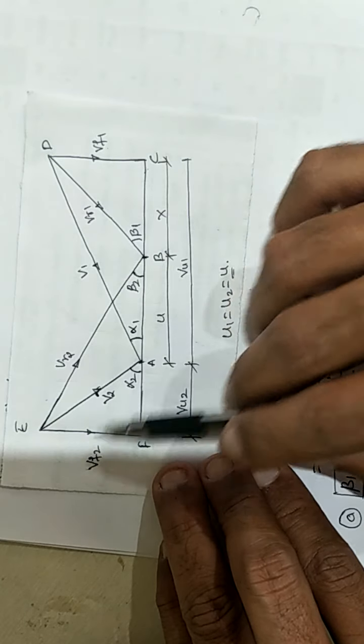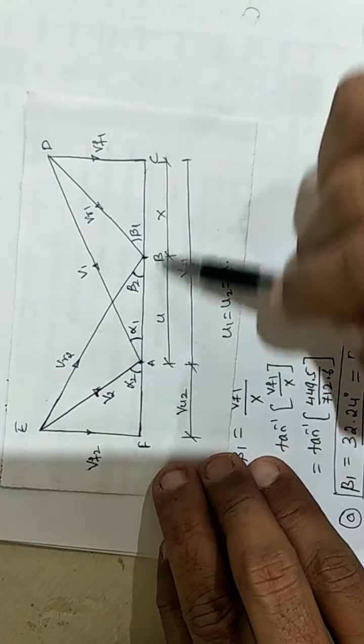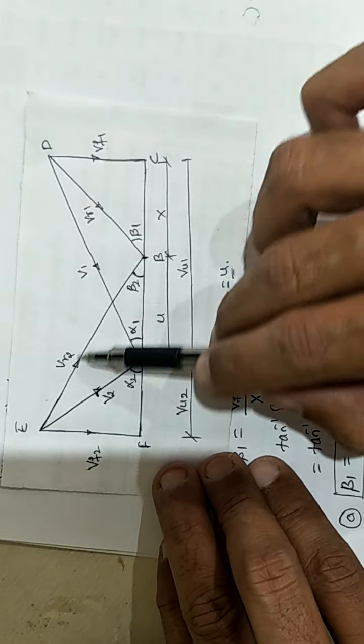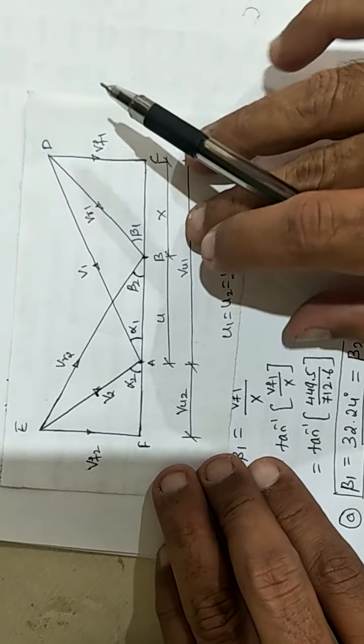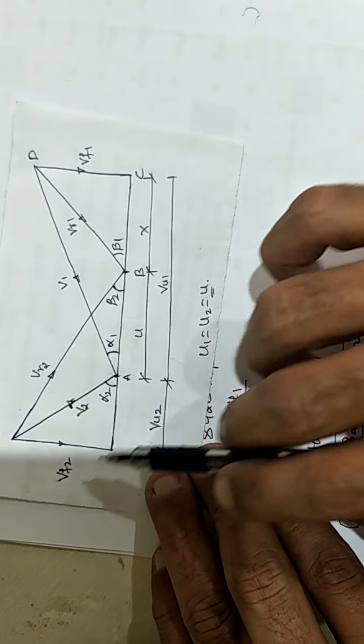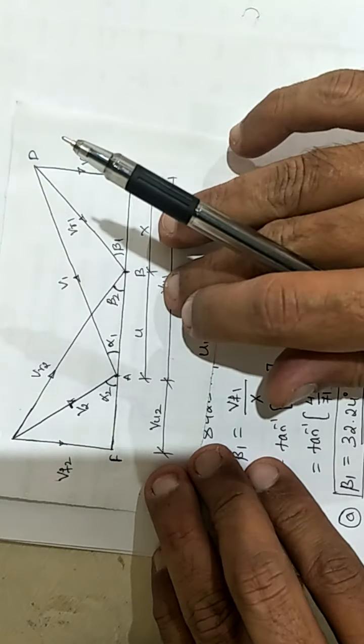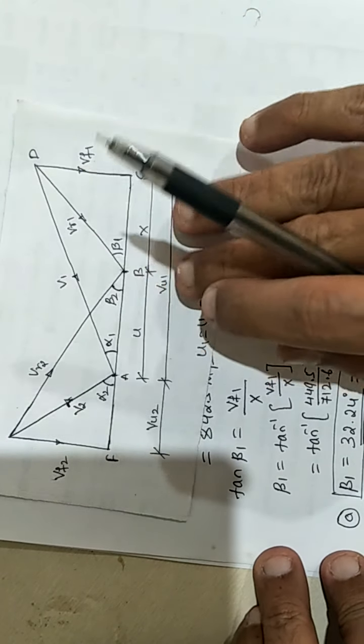Now we will move to the exit velocity triangle, that is BEF, with suffix 2. We'll calculate the other unknowns of this velocity triangle.